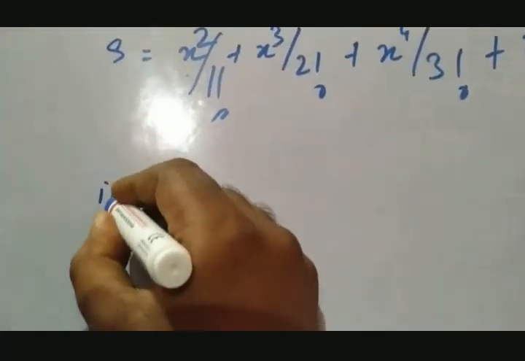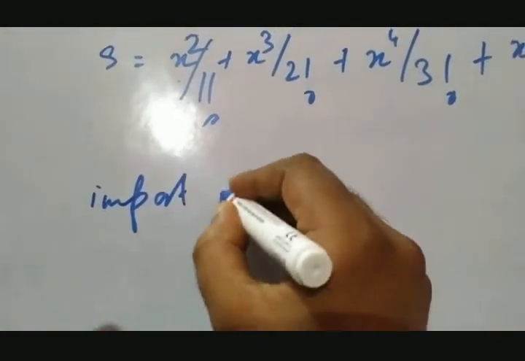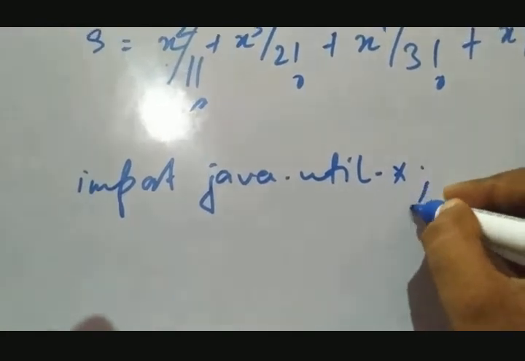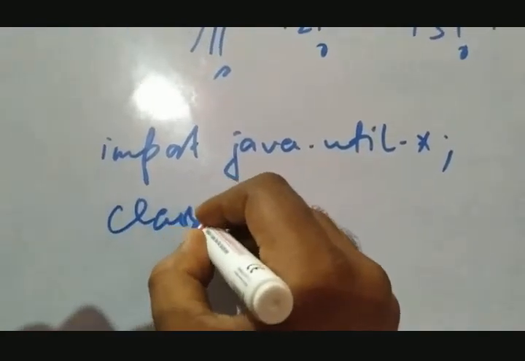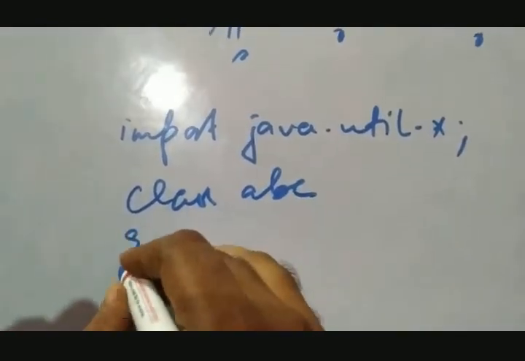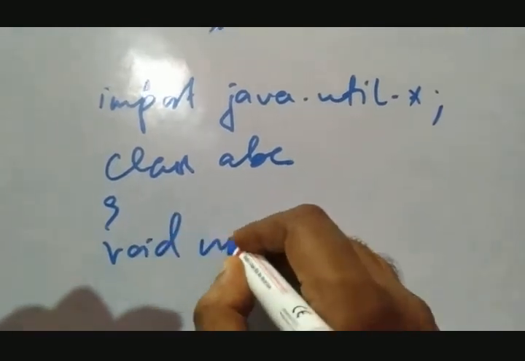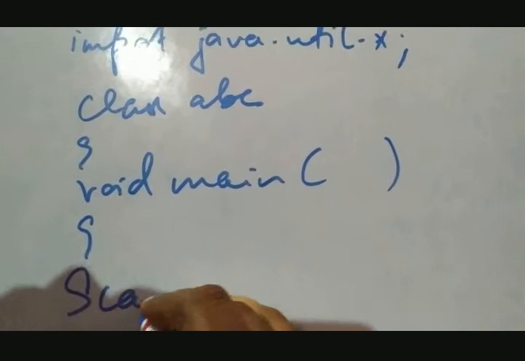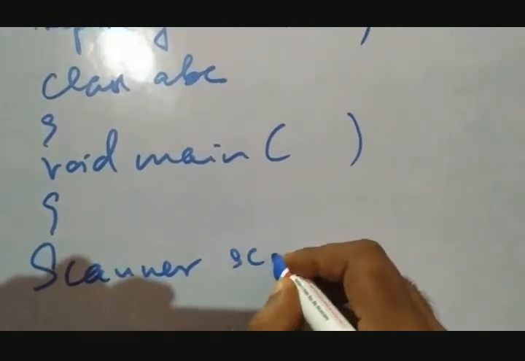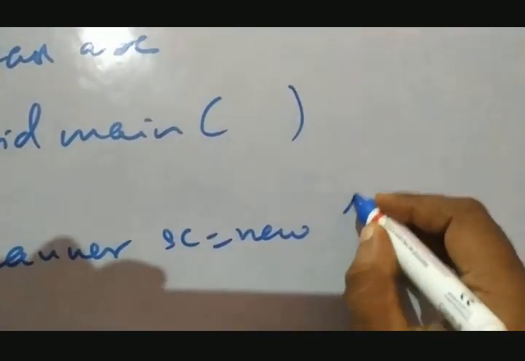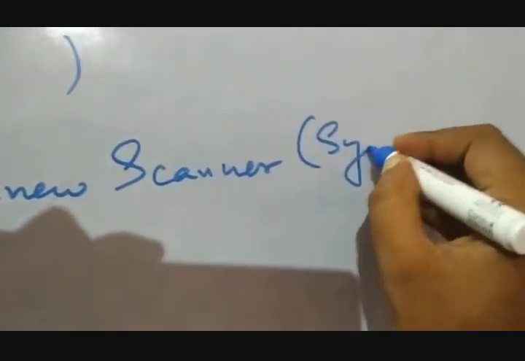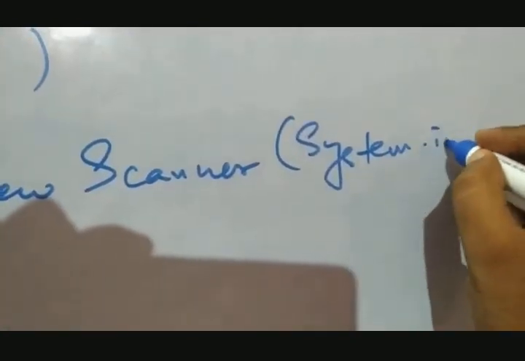Now import java dot util dot asterisk, class abc, void main. Scanner sc equals new Scanner, and this is System dot in.